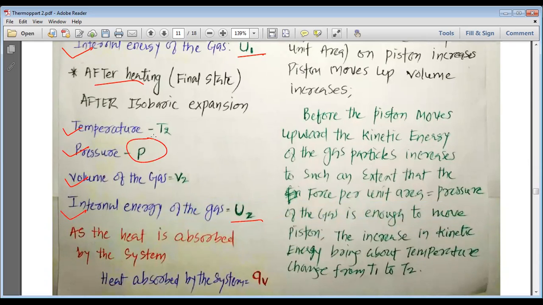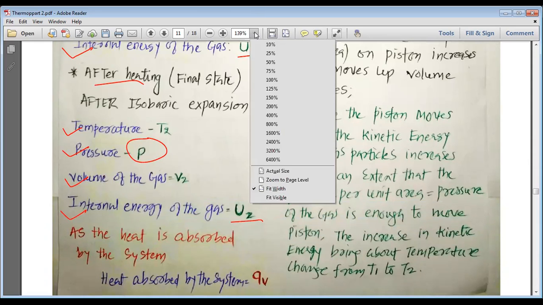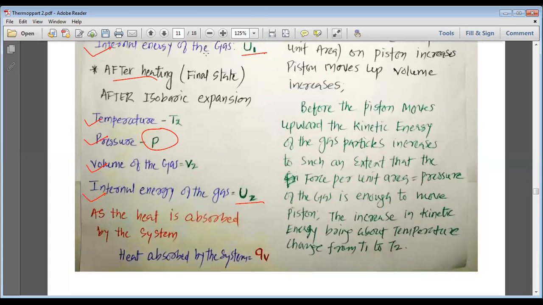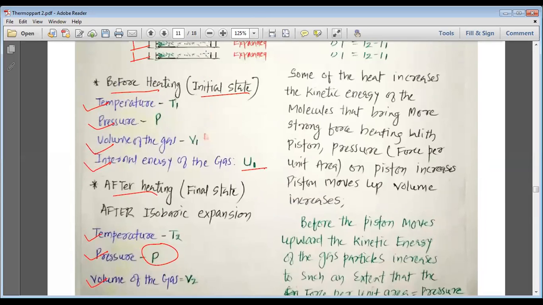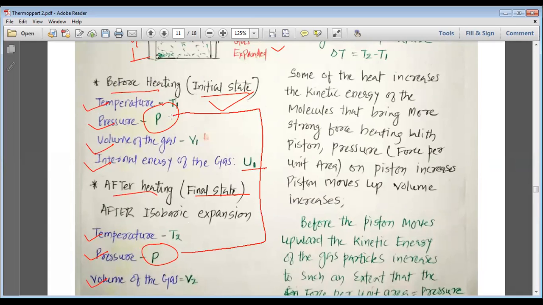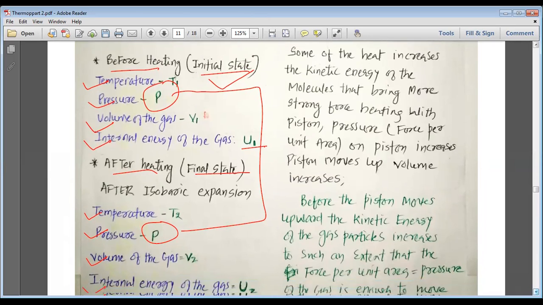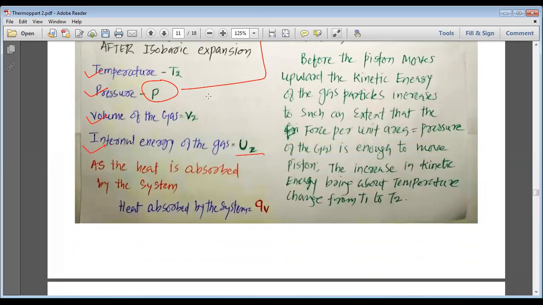So in both the initial state and the final state, the pressure P remains constant, and that is why we do this change at constant pressure, or we can call it an isobaric change.